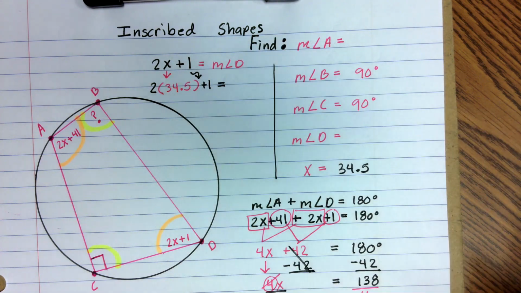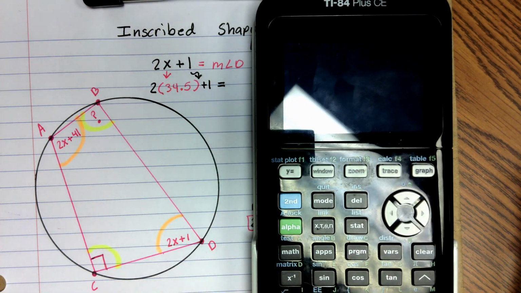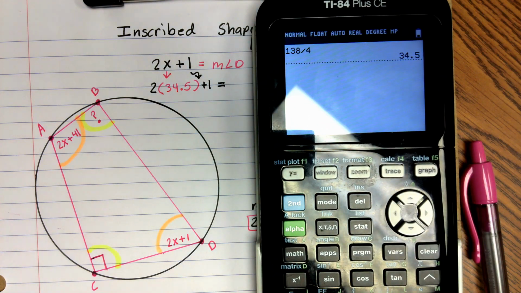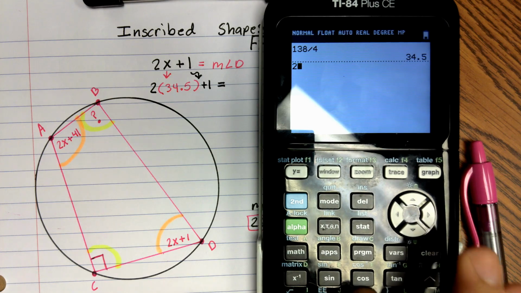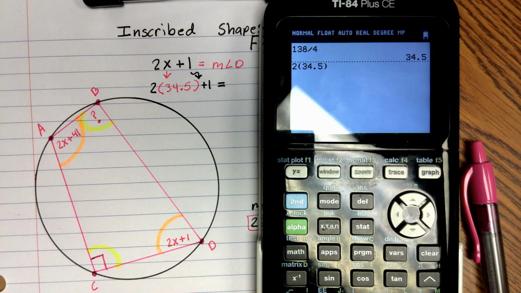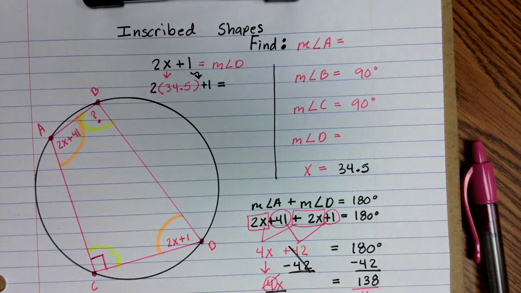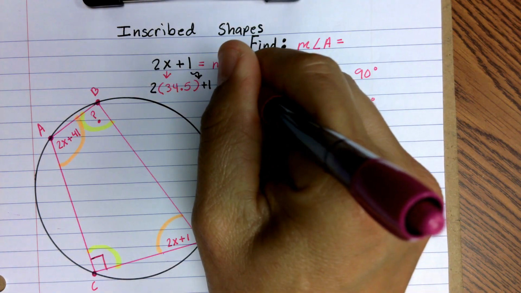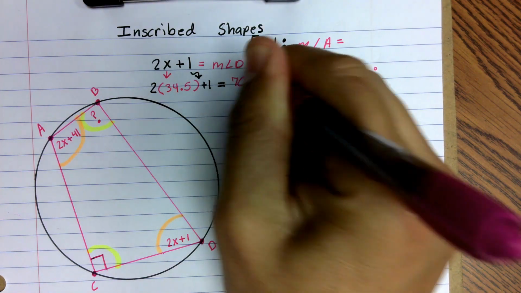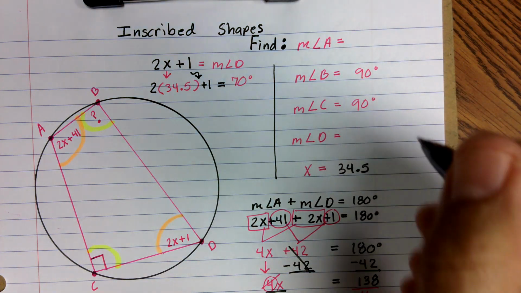And that's going to be equal to the measure of angle D. I'm going to put that in my calculator real quick. So we have 2 parentheses 34.5. Notice I'm putting it in just like I wrote it. Plus 1. And that gives me 70. So if I go over here, this is going to be 70 degrees. So the measure of angle D is equal to 70 degrees.